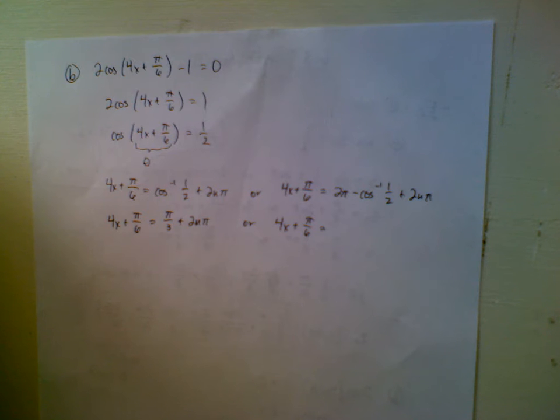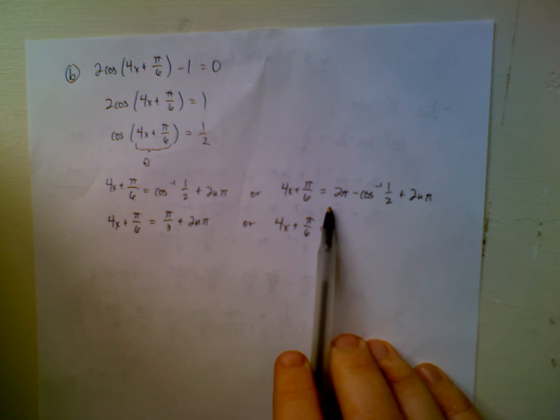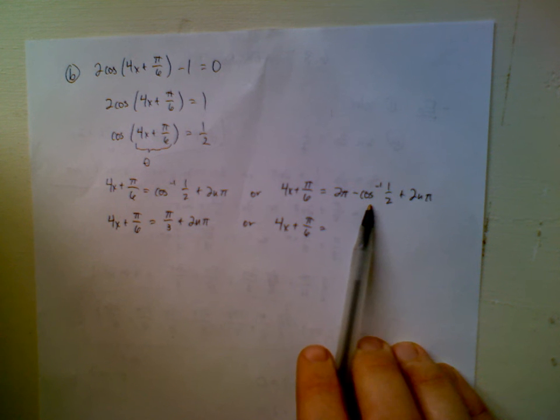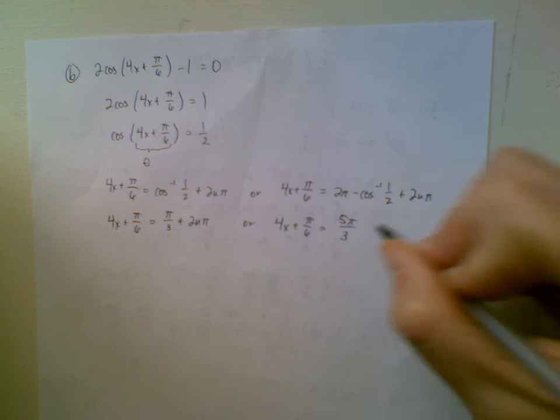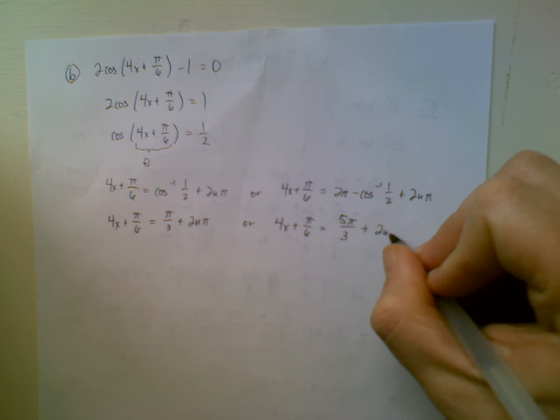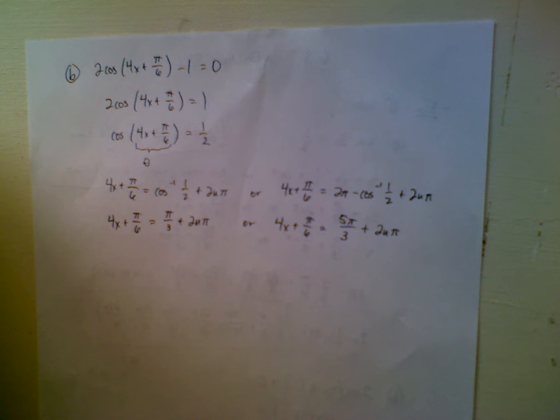Let's think. So 2π would be 6π/3. 6π/3 minus π/3 would give us 5π/3 + 2nπ.